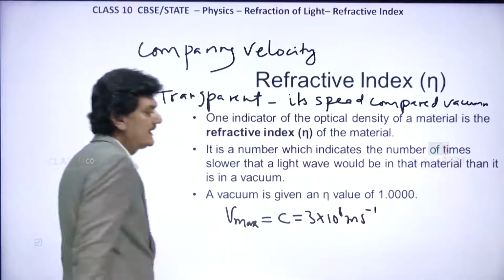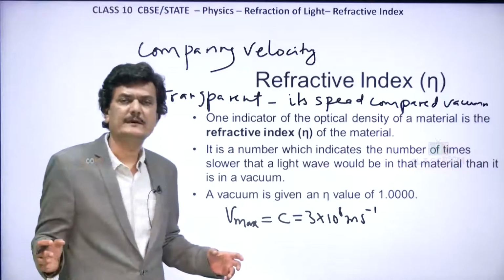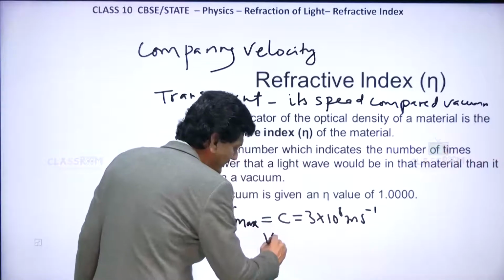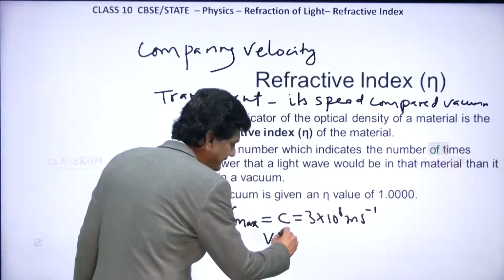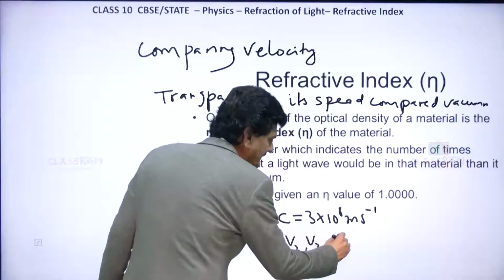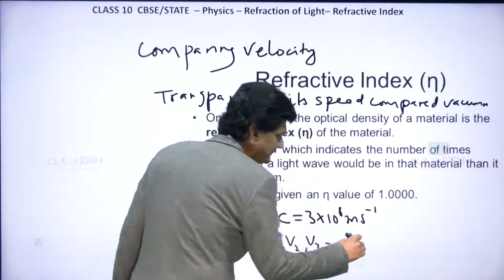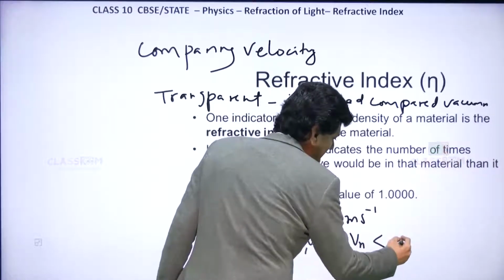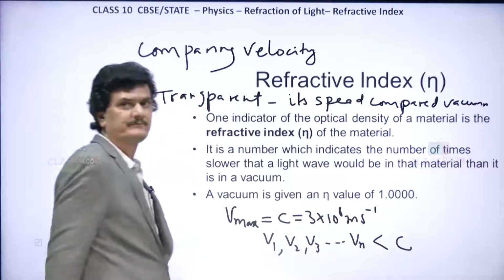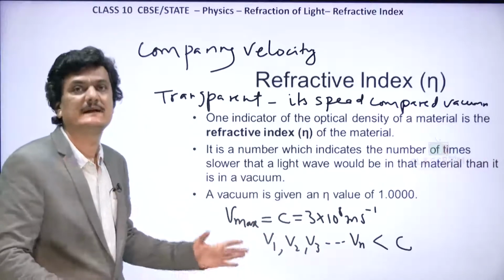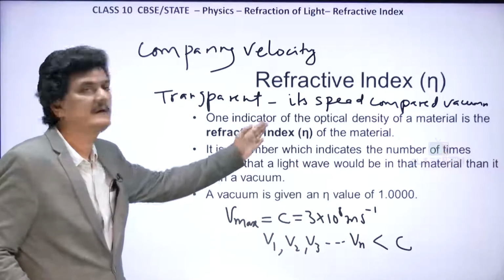In all other transparent mediums, the velocity will be less: velocity in medium 1, medium 2, medium 3, any nth medium will always be less than c. By how much it is less than c is given by refractive index.